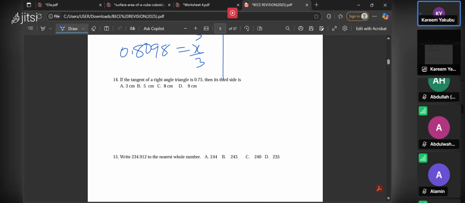So now I ask you, what is the third side? The tangent, that is tan theta, is equal to 0.75. Then its third side is... Is this correct?